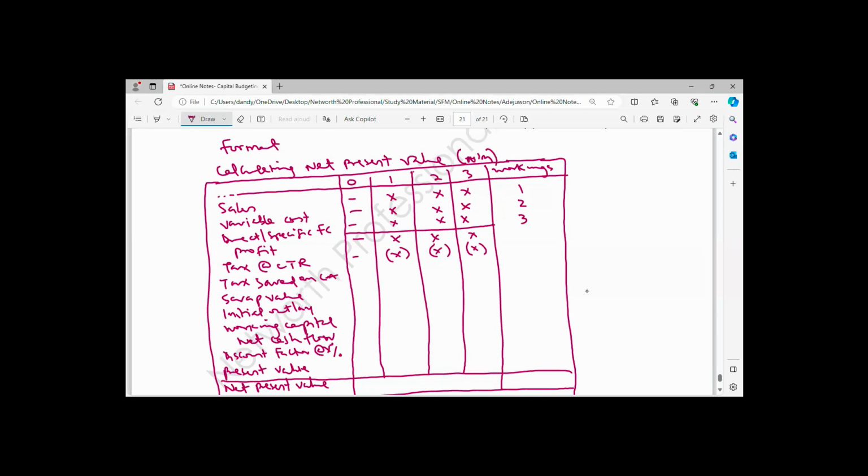Then I will go ahead and determine my tax saving on capital allowance. Whatever I've calculated, I will come and post to reduce my tax liability. That will take me to working number 4. Then my extra value will also be given to me at the final year of the assets. My initial outlay will occur in year 0, the cash outflow.